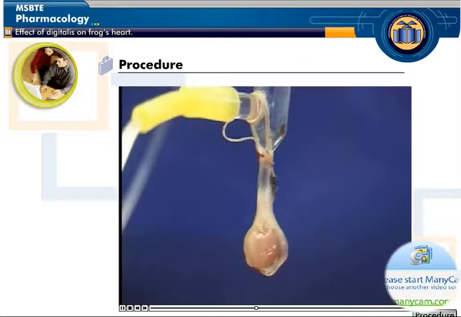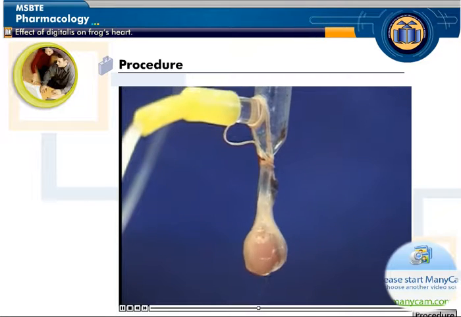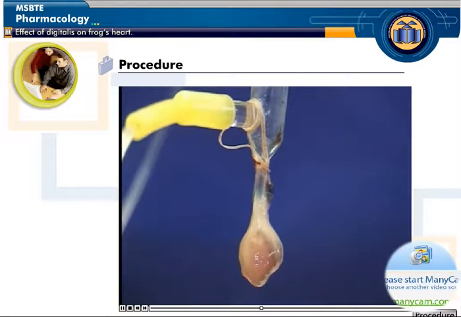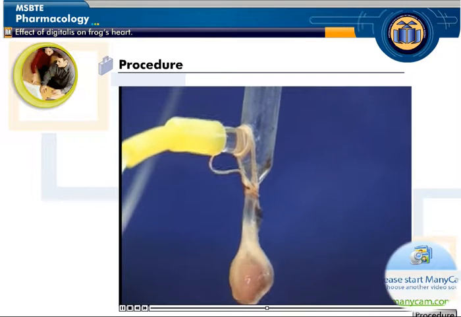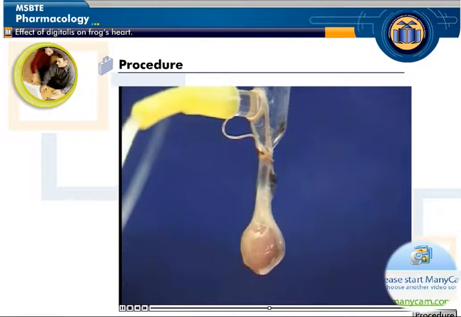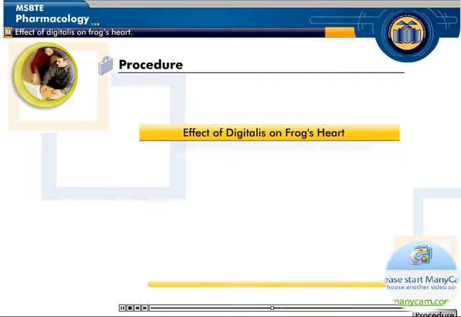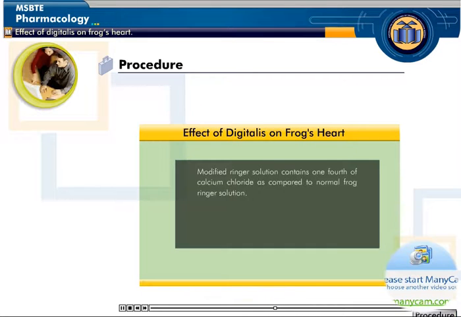For studying cardiotonic effect of digoxin in failing heart, perfuse the isolated frog heart with modified Ringer solution. Remember, modified Ringer solution contains 1/4 of calcium chloride as compared to normal frog Ringer solution.